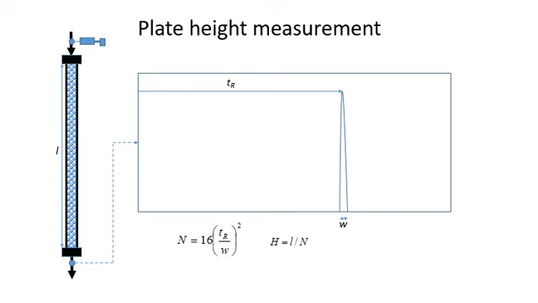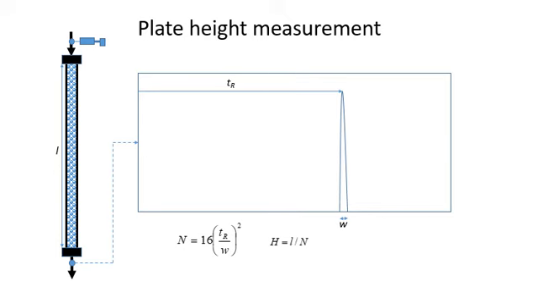Let us now discuss how plate height in a column is experimentally measured. A pulse of a tracer solute such as acetone or sodium chloride is injected, and the tracer peak as obtained at the column outlet using an appropriate detector is then used to calculate the plate height.